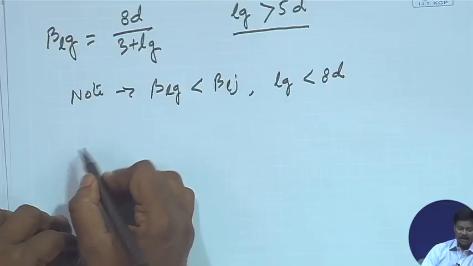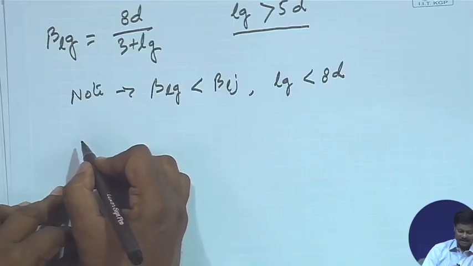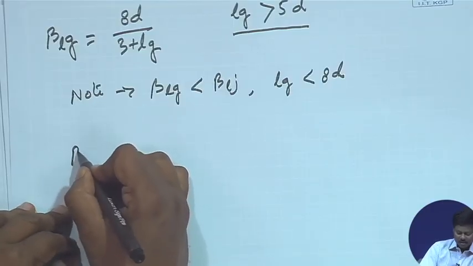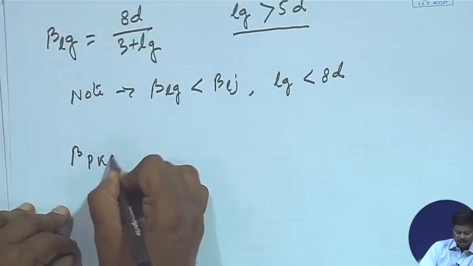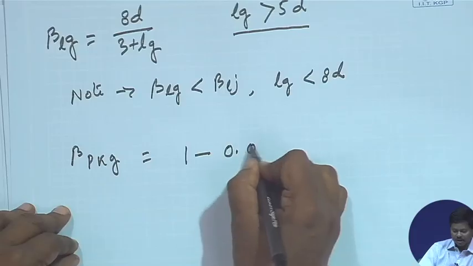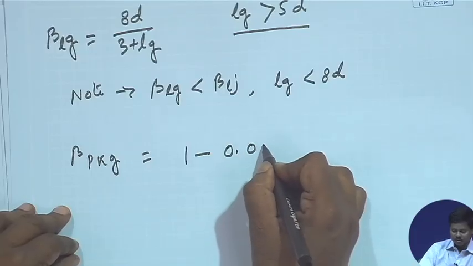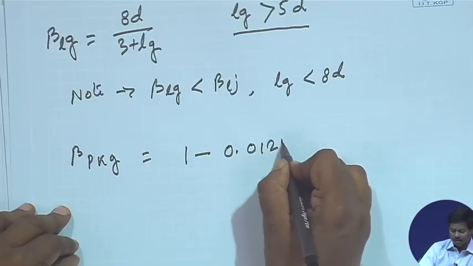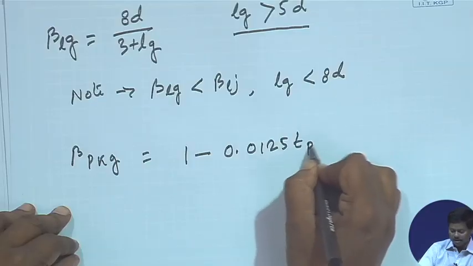Another reduction factor is for packing plates, that is beta Pkg. This is calculated from this formula, that is 1 minus 0.125 T Pkg.